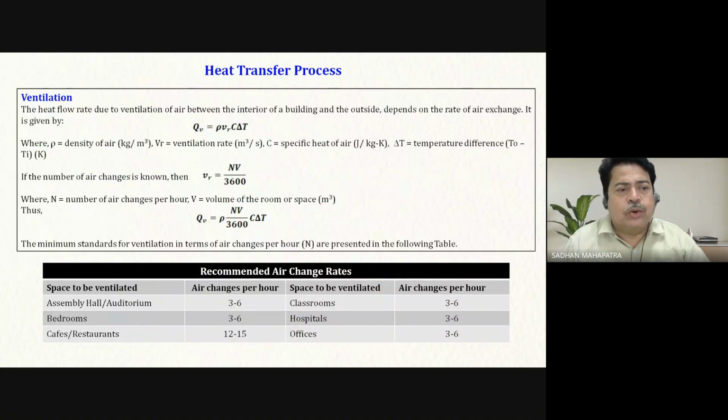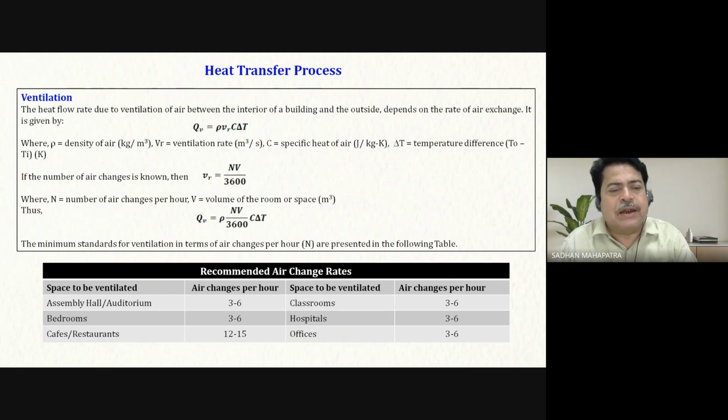We also need to look at ventilation. The heat flow rate due to the ventilation of air between the interior of a building and the outside depends on the rate of air exchange because we are looking at a conditioned building. We are going to put an air conditioner in the building. So the Qv is rho Var C into delta T, where rho is the density of air, Var is the ventilation rate, C is the specific heat of air, and delta T is the temperature difference.